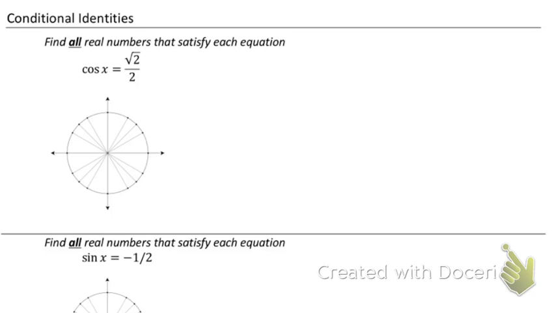But today we're going to talk about solving trig functions. We've already done these. The only big difference between what we have done and what we're going to do today is this word right here: all. Find all real numbers that satisfy each equation. That all tells you to find every possible angle, including all coterminal angles.